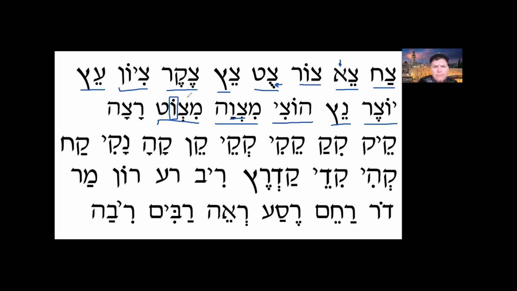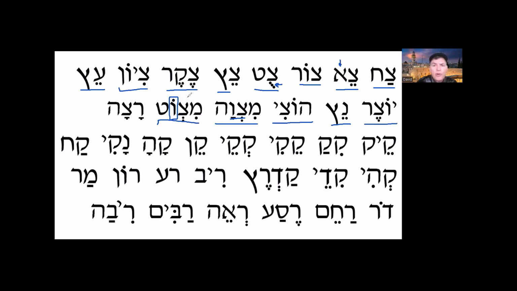Without the dot, you'd need some type of a vowel beneath the vav for it to make any sense. Let's say it was a patach, it would be meets-vat. But here it's as if the vowel and the consonant have blended together and we're utilizing both of them simultaneously. So it's an unusual construction, but you will see it from time to time.